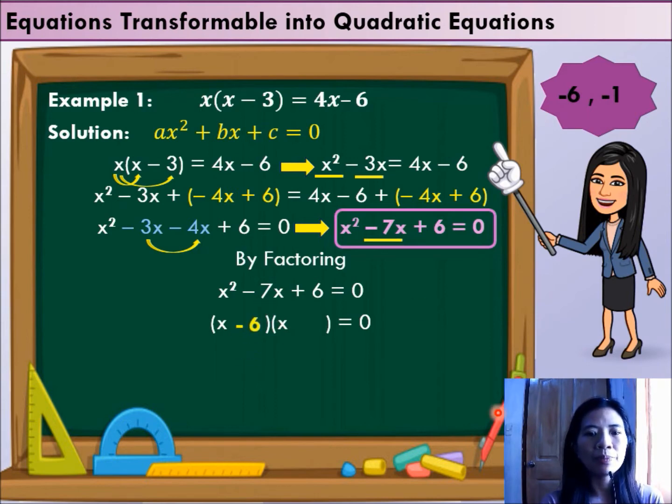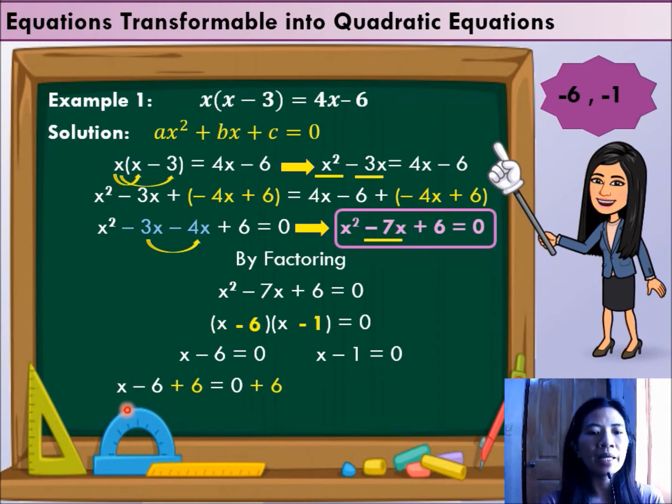We will put this into our equation, so these are now our factors. After this, we are going to equate each factor to 0, using the zero product property, to solve for the value of x or the solutions. Let's solve first the equation x minus 6 equals 0.